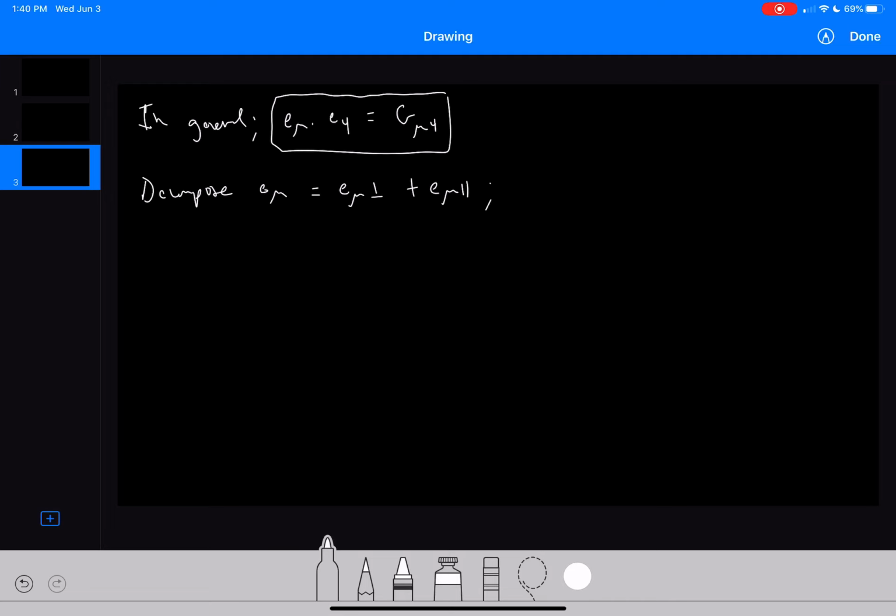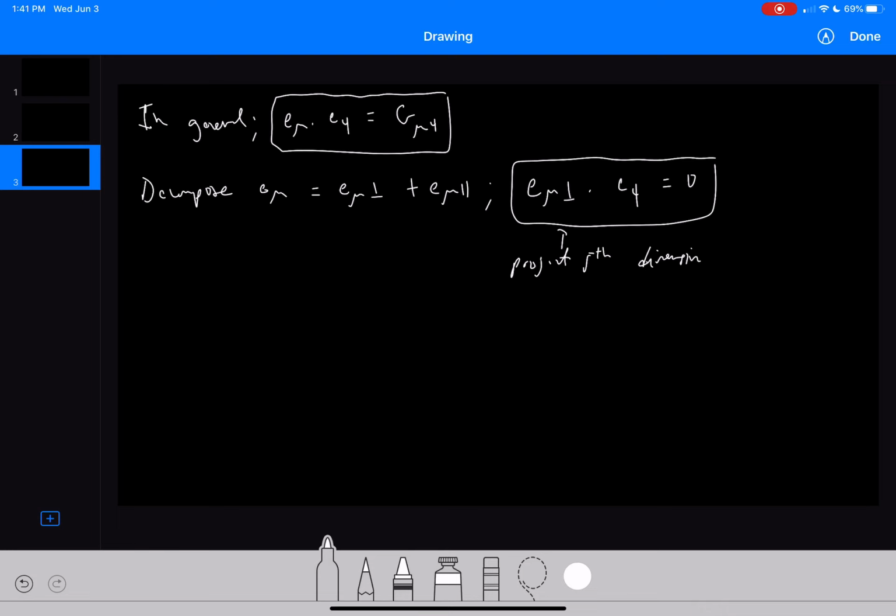In particular, the E_mu orthogonal component dotted with E4 is 0. So what this is saying is that we will project onto the orthogonal component of the Killing vector.